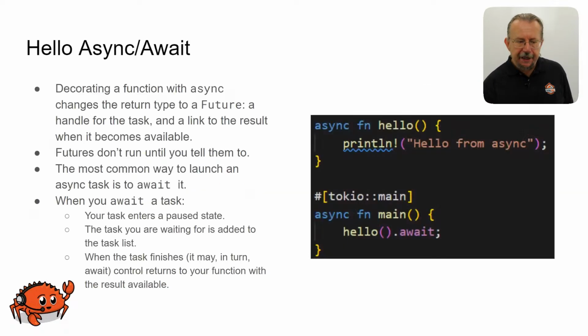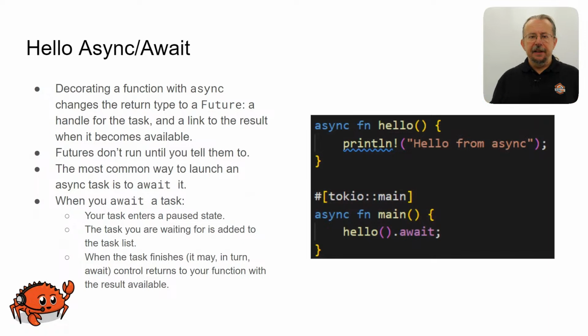All right, so how do you write async code? Once you've got your async context, you're running inside the runtime, it's relatively simple. Every time you want to run a different asynchronous task, you await for it, and await means suspend my task, add a new task with the function I'm pointing at to the task queue.